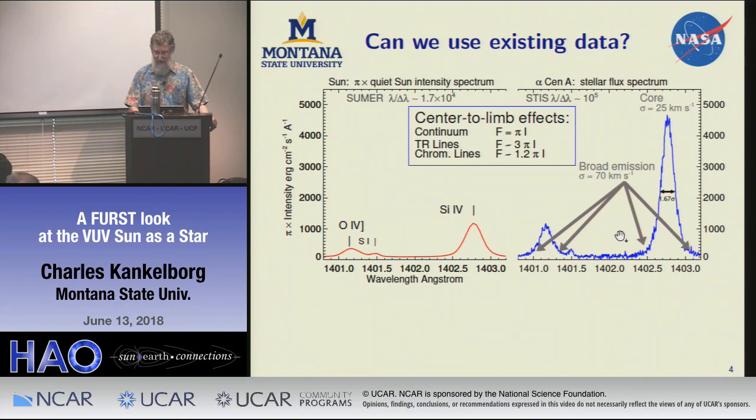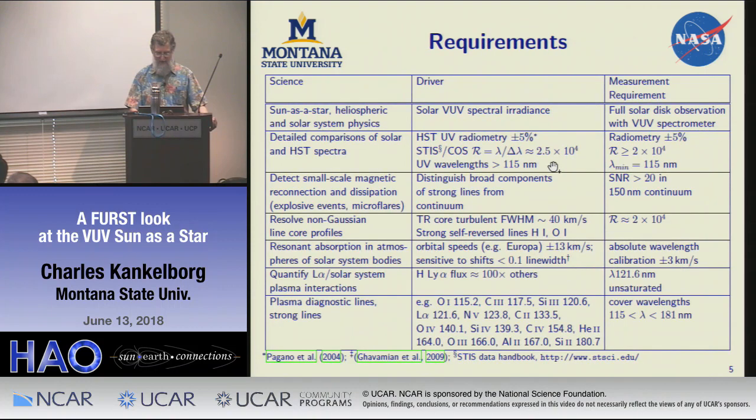This also is an interesting diagram because you see a hint of broad wings in these emission lines in the STIS spectra from Alpha Cen A. It would be really interesting, wouldn't it, to know whether Alpha Cen A has more transition region explosive events than the sun does or less, right? Does it have a more active transition region, a more active atmosphere, or a less active one? At least by this measure, that would be one way of finding that out.